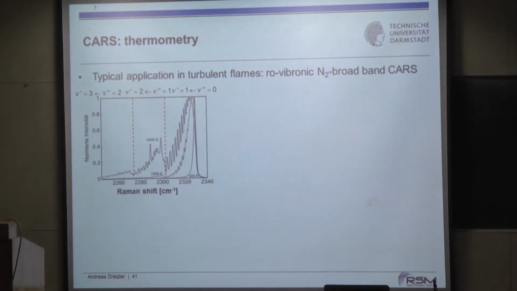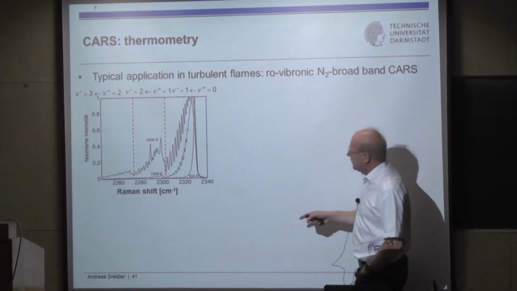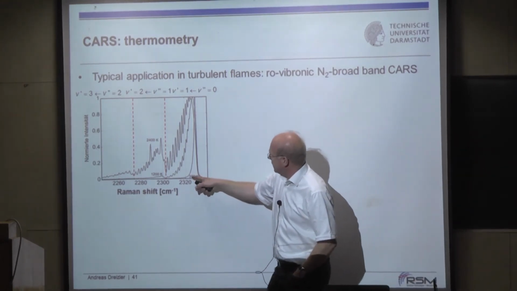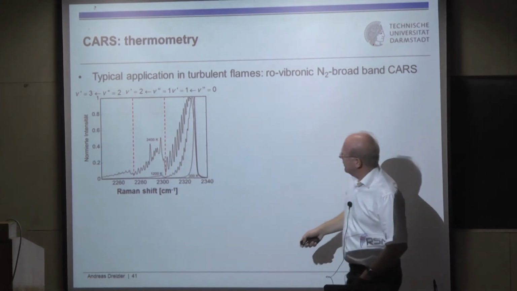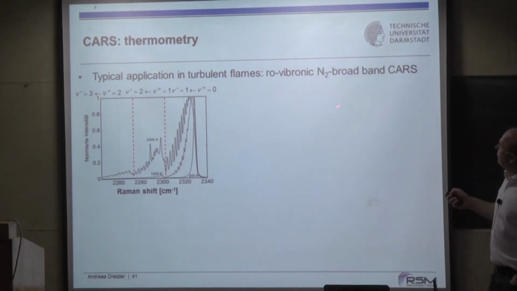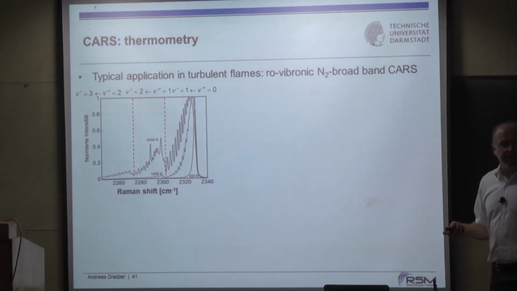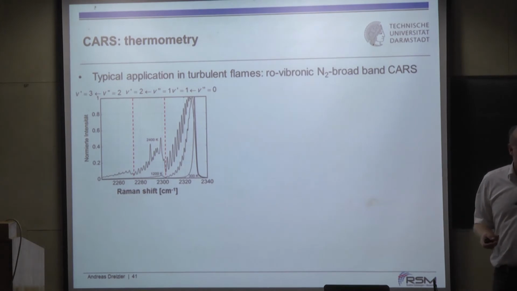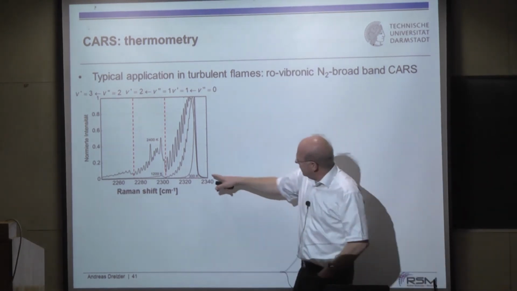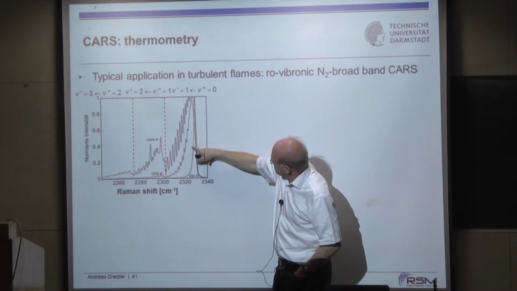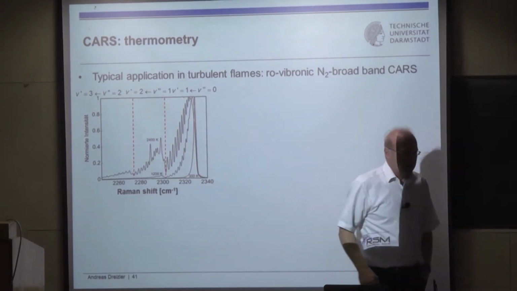But if you do so, now we are after the spectral dispersion. You have now here your spectrum, and I have calculated for you 3 temperatures, 300 Kelvin, 1200, and 2400 Kelvin. And this is rovibrational CARS of nitrogen, and nitrogen typically is used because it's a well-known molecule, a relatively simple molecule, and it's existent in all combustion processes. Of course, if you do oxyflame combustion, you have to do something different. If you have 300 Kelvin, you find this kind of spectrum, which is very narrow.